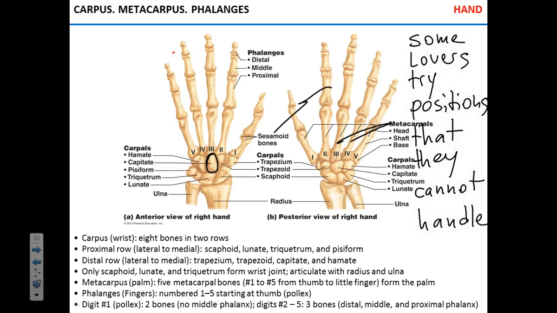It does look like a Darth Vader helmet, and capitatum means head. So it's a head-shaped bone. Does that make sense?